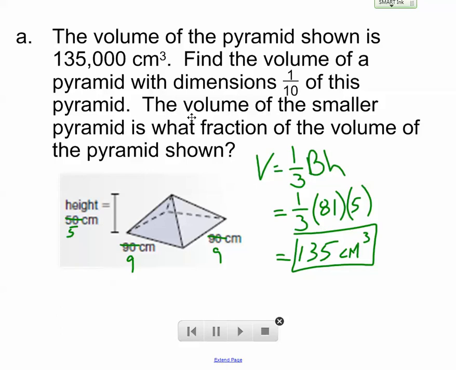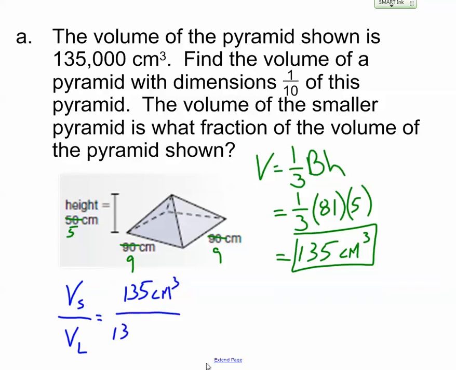That question is, the volume of the smaller pyramid is what fraction of the volume of the pyramid shown? Okay, so we're going to do volume of the smaller one over volume of the larger. It's 135 cubic centimeters over 135,000 cubic centimeters, which is 1/1000th.